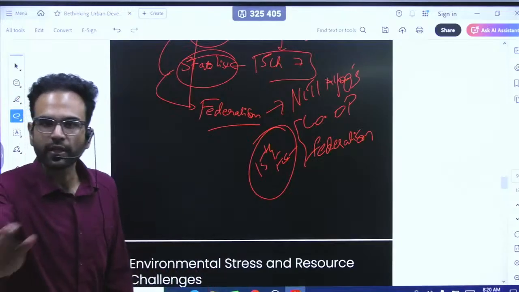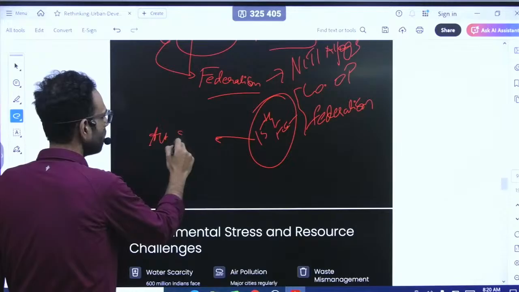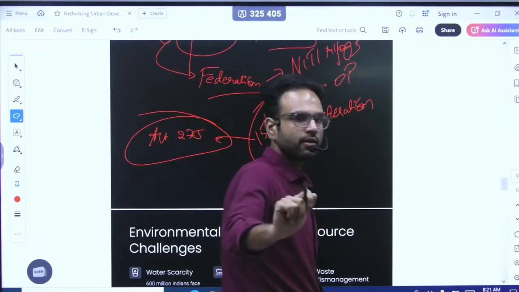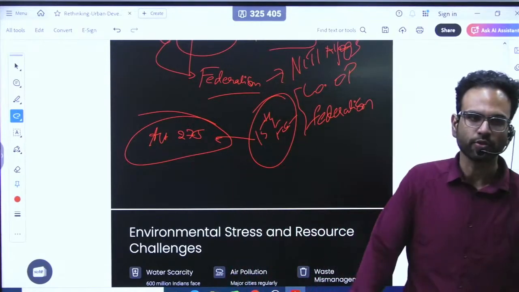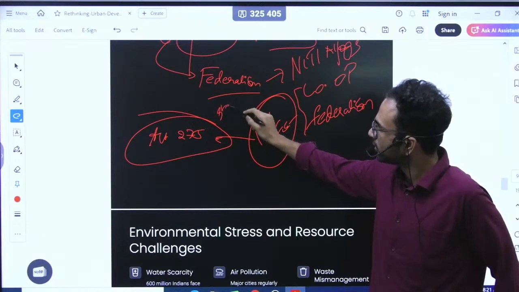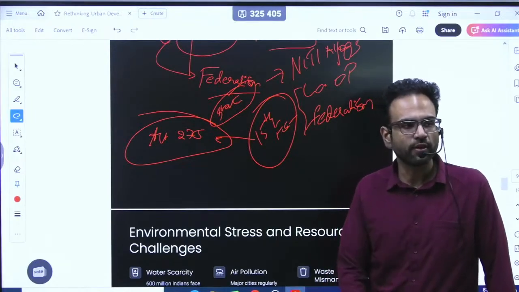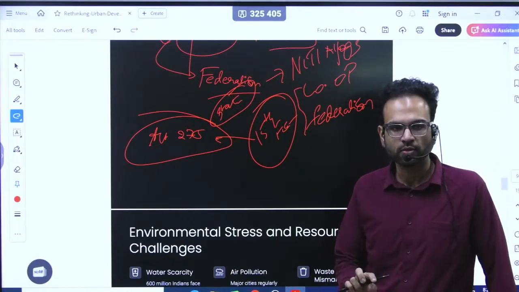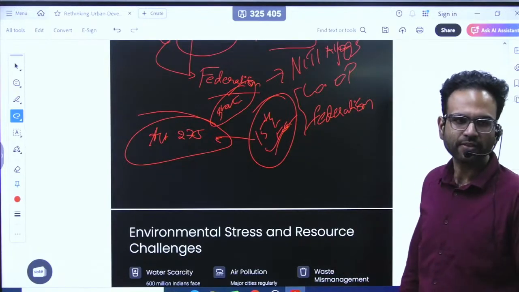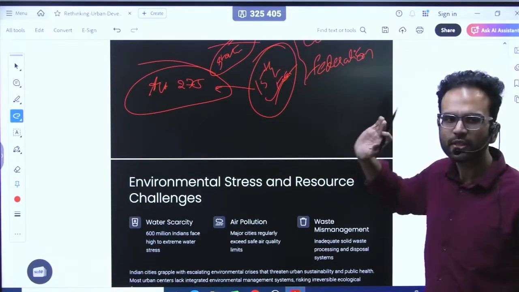What is the difference between a grant-in-aid according to Article 275 and other kinds of devolution, the kind of devolution that you get from the center to the states? Conditional transfer, unconditional transfer. This is one aspect. You can look at the 15th Finance Commission grants in this process. So that is one dimension that we need to prepare on.